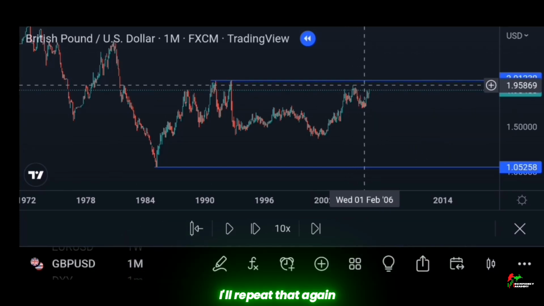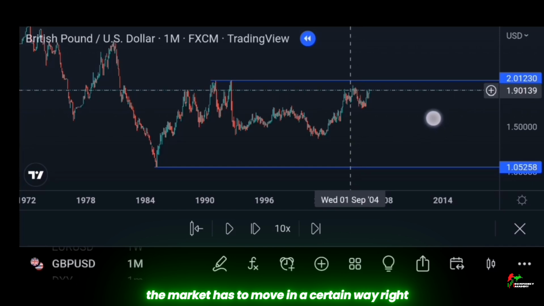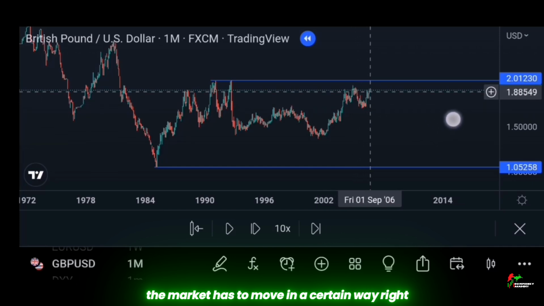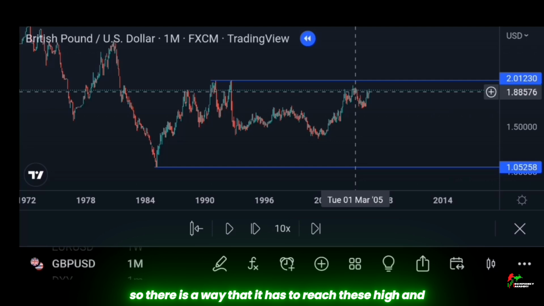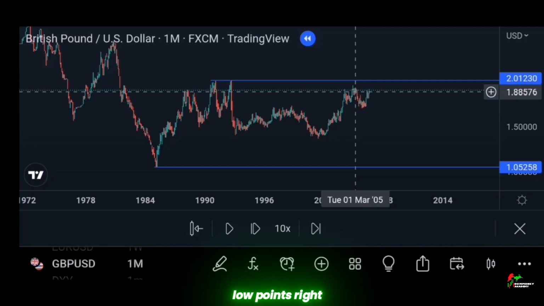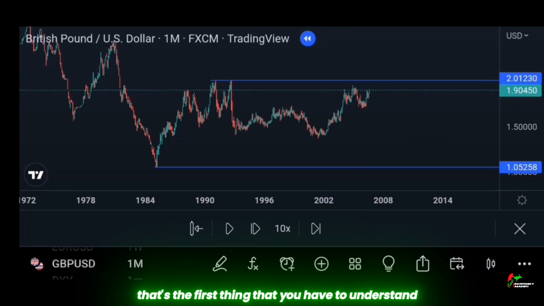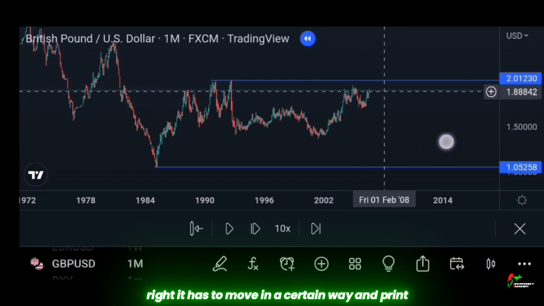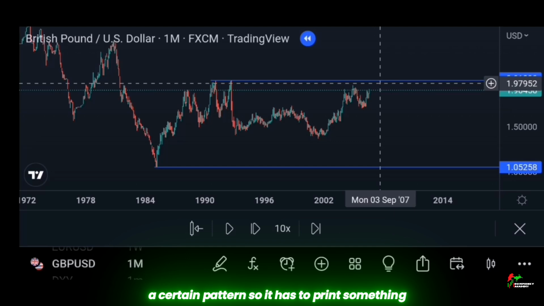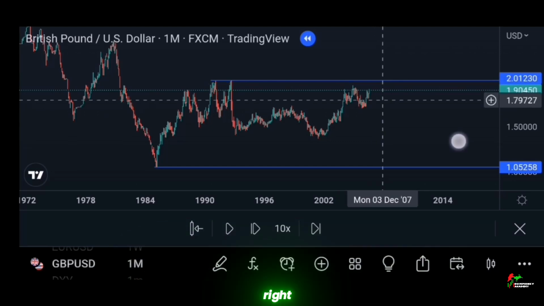I'll repeat that: the market has to move in a certain way. That's the first thing you have to understand about the physiological part of price action. It has to move in a certain way and print a certain pattern.